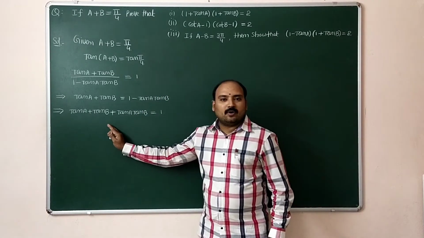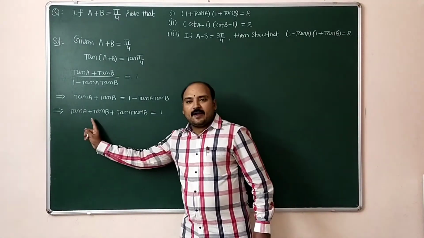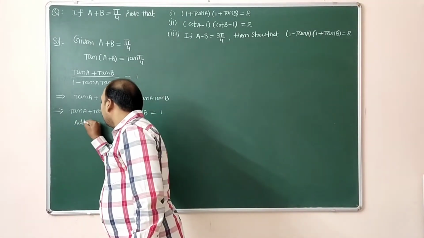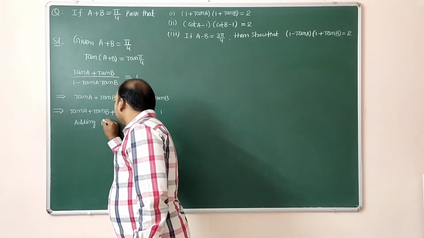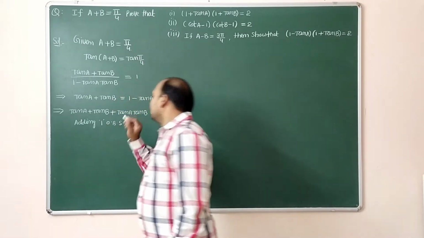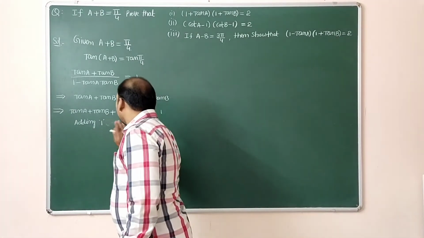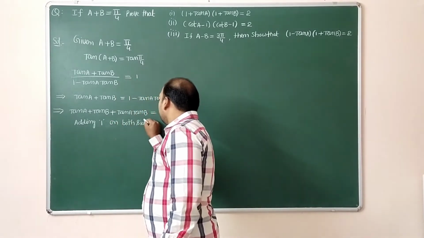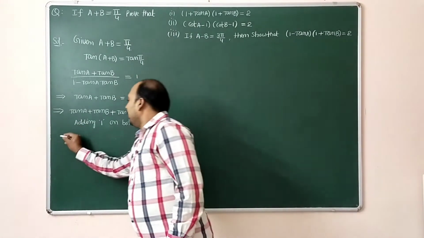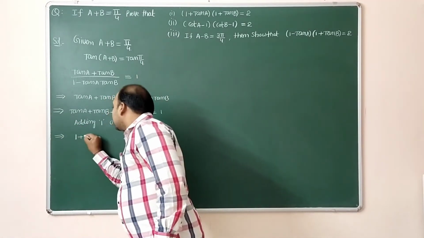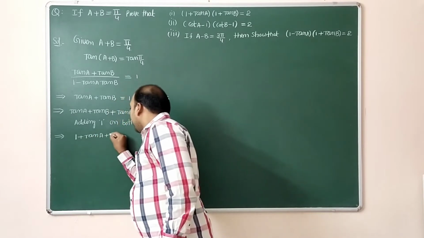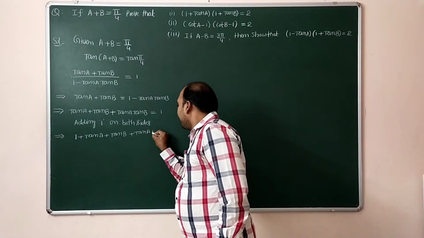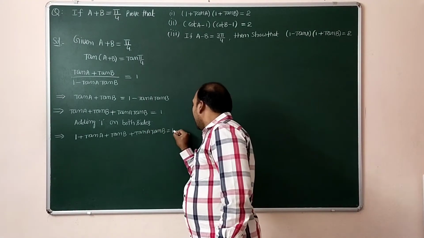After getting this step, what we have to do is add 1 on both sides. So, adding 1 on both sides, it becomes 1 plus tan a plus tan b plus tan a tan b is equal to 1 plus 1.